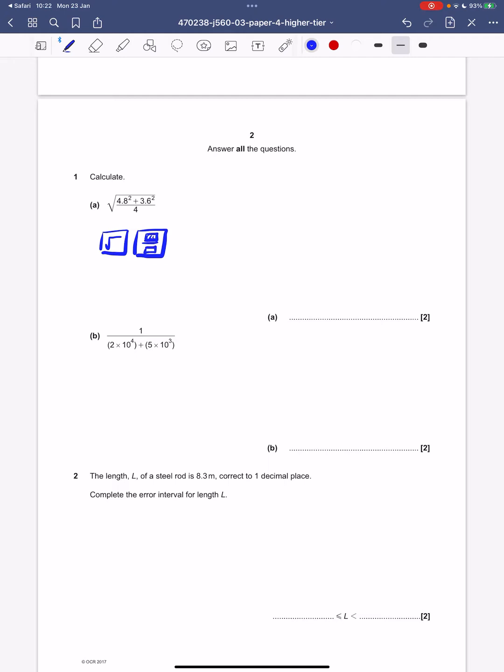Then I press 4.8 and then the x squared button, plus, because that's a button as well, 3.6 and the x squared button.